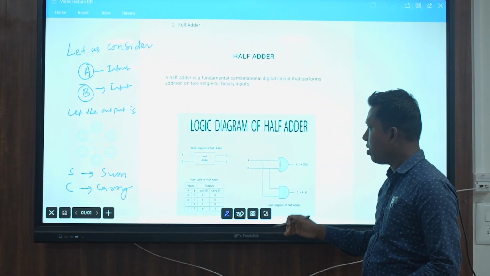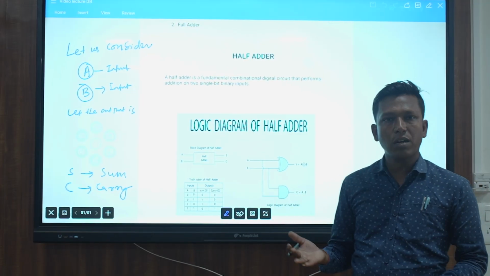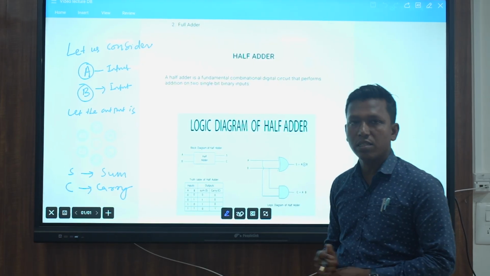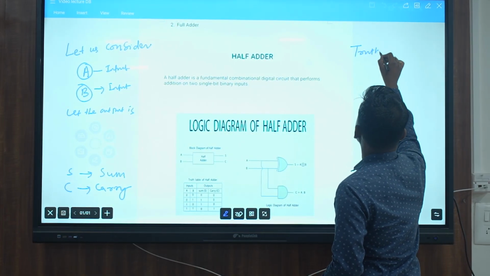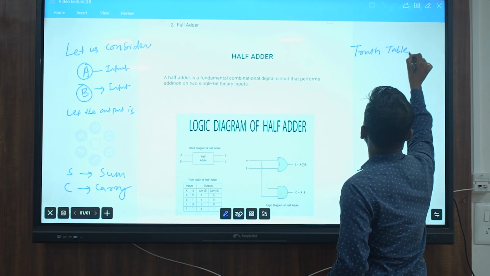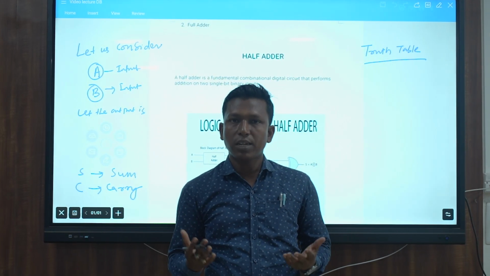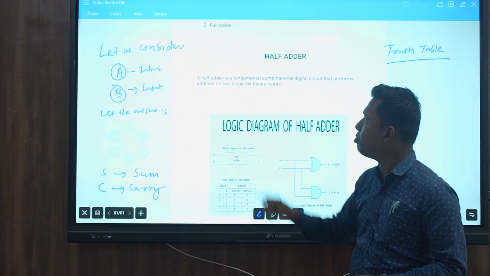Whenever we are going to design a digital circuit, either adder, subtractor, multiplexer, counter, whatever, a truth table is necessary. So let us come to the truth table. Here we are discussing half adder, which is capable of adding 2 single bits, so inputs are 2.